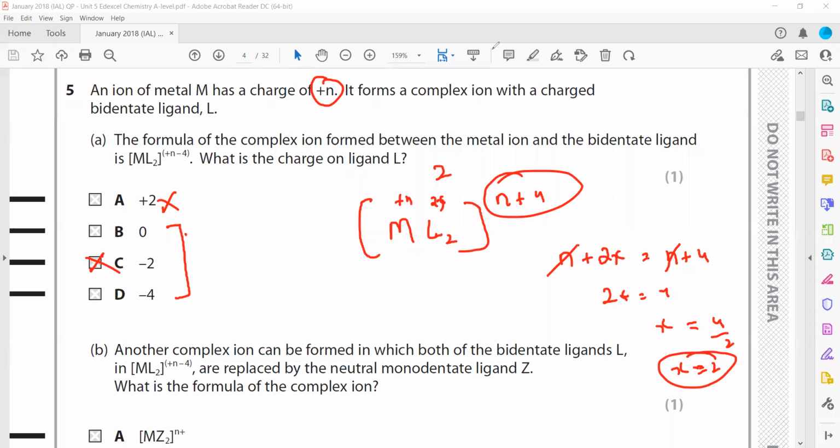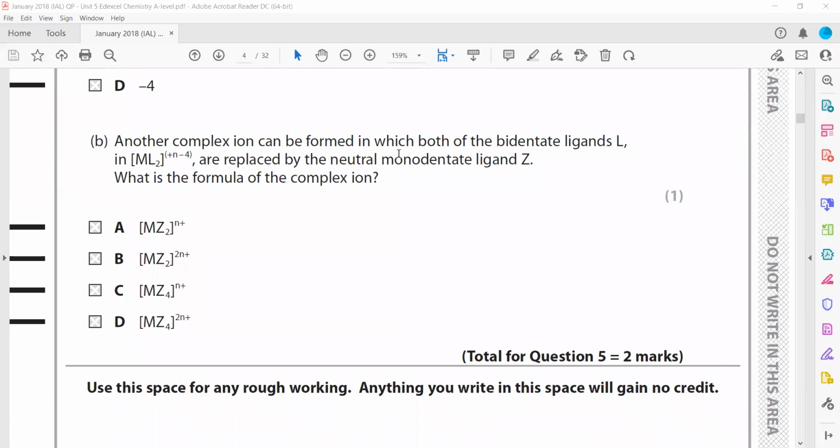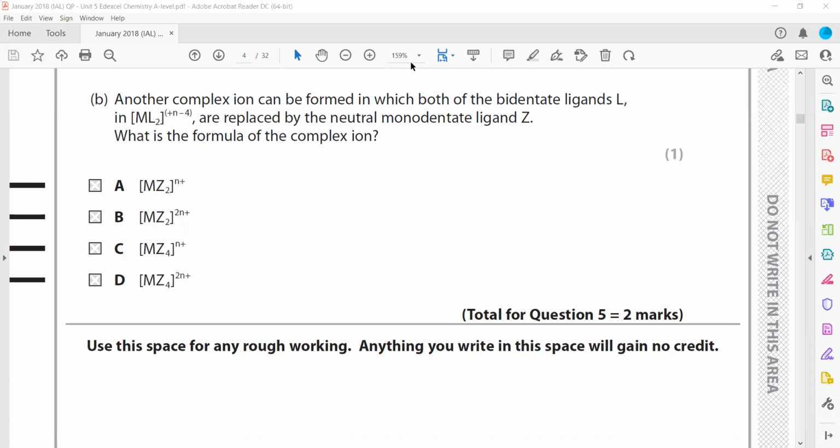Then question 5, part B: another complex ion is formed in which both of these bidentate ligands in ML2 are replaced by a neutral monodentate ligand. What will be the formula? Look, bidentate ligand means they can form a bond from two sides.